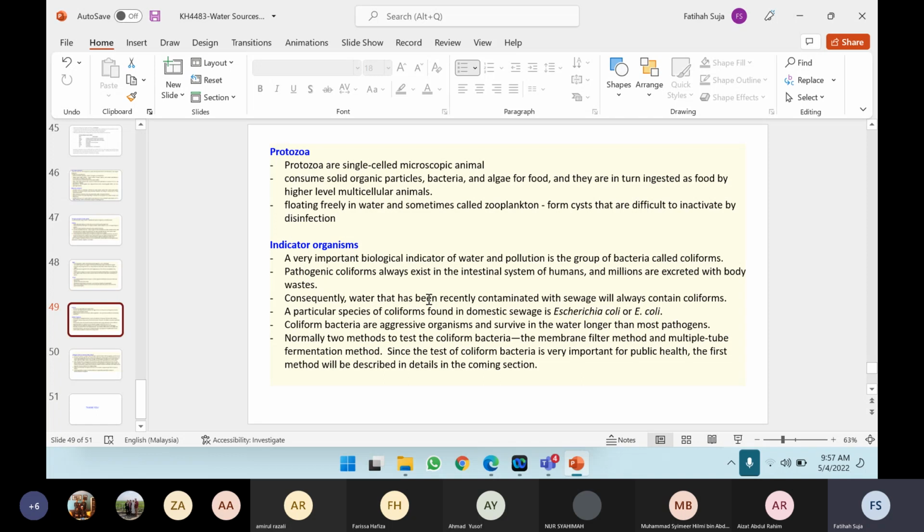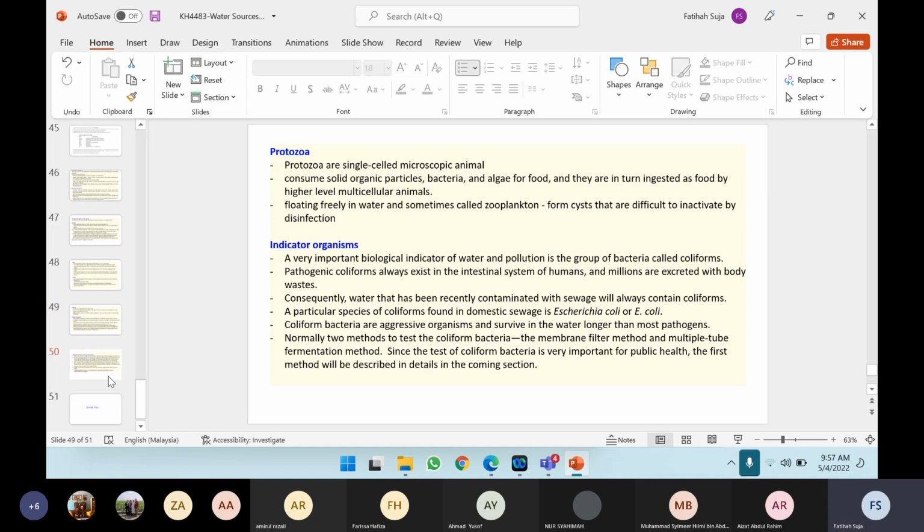If coliform, not necessarily, but better to be careful that you may have pathogenic coliform. But if E. coli, then definitely it has been contaminated with sewage. Sewage comes from the intestinal system of humans, from our waste, so it's very dangerous.